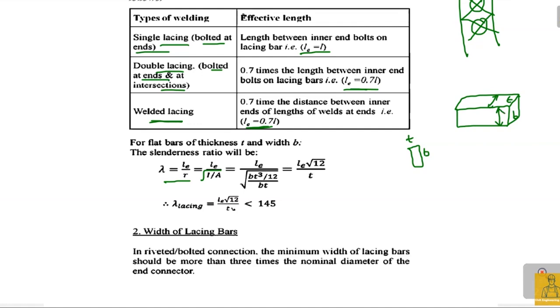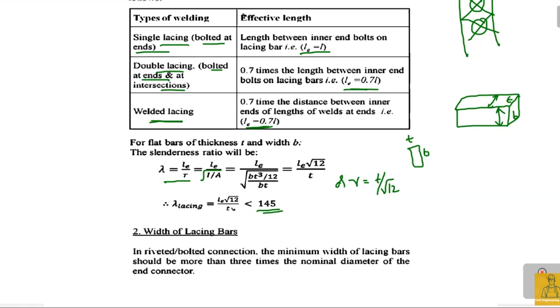So what will be the moment of inertia? b t cubed by 12, divided by the cross sectional area, b into t. Upon calculation you get lambda equal to Le root 12 by t. Or r, what is the value of r? t by root 12. From this expression, it should be less than 145. You have to check that.